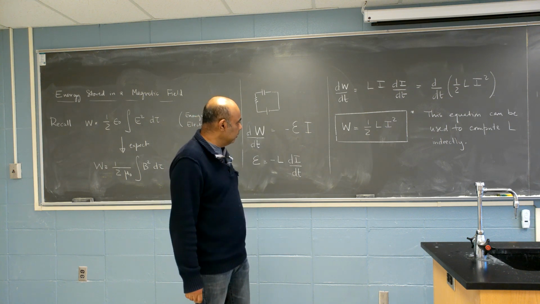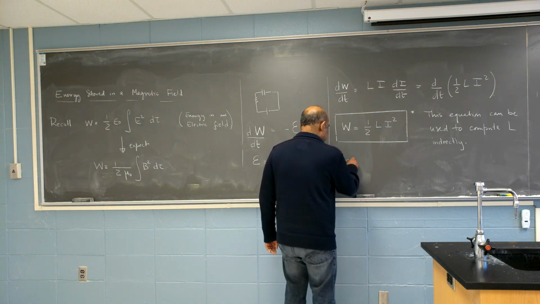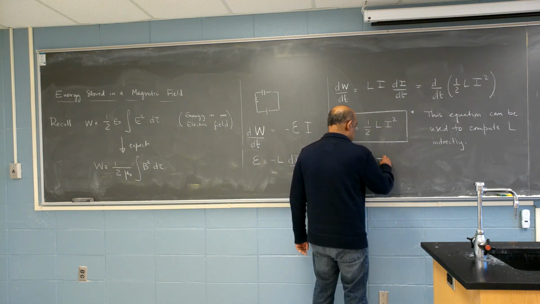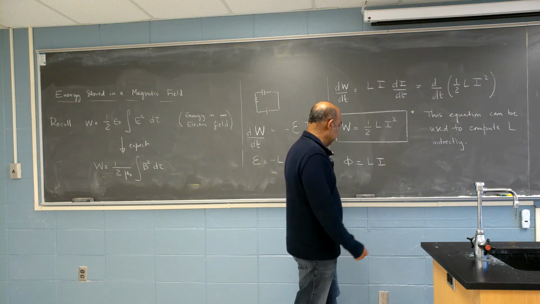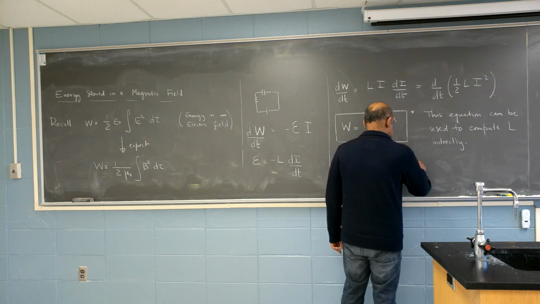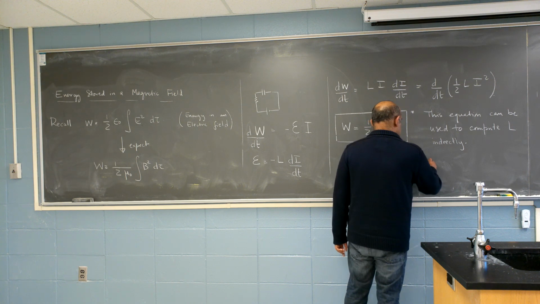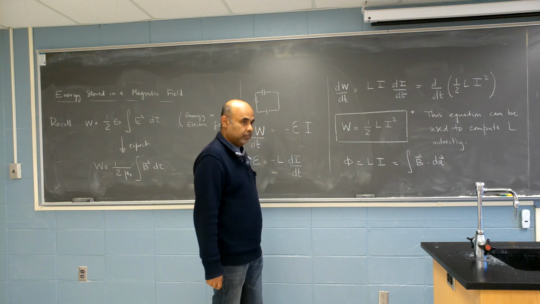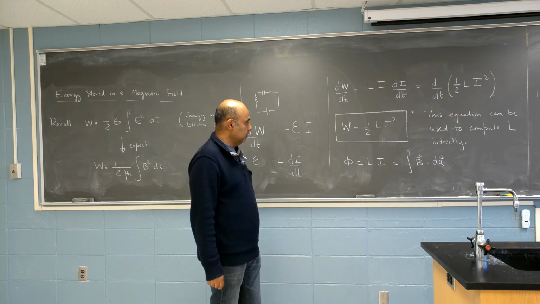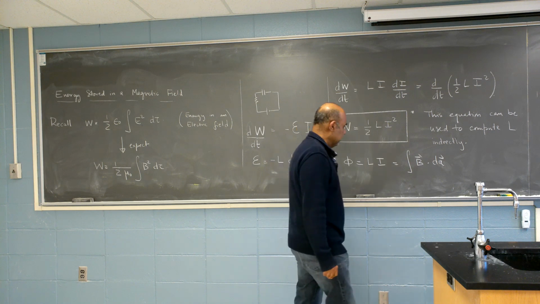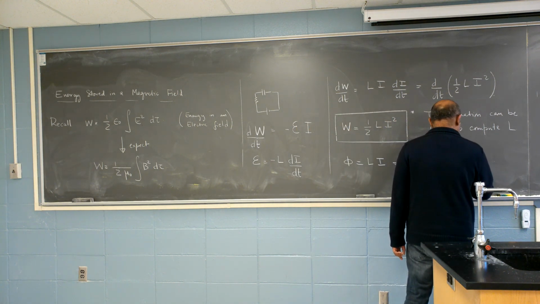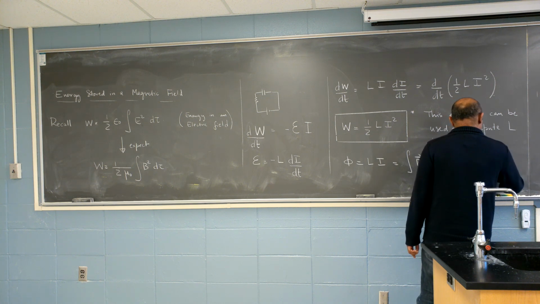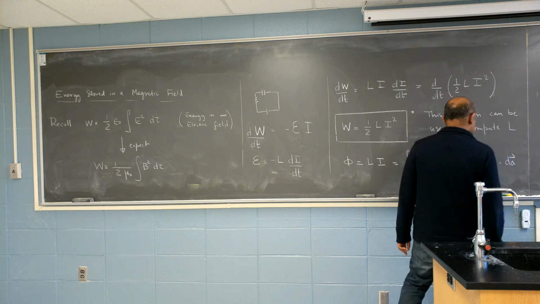playing around with figures. Okay, so the magnetic flux is equal to what? Well, on one hand, it is Li. But that's equal to B dot dA. Correct? And that's equal to curl of A dot dA.